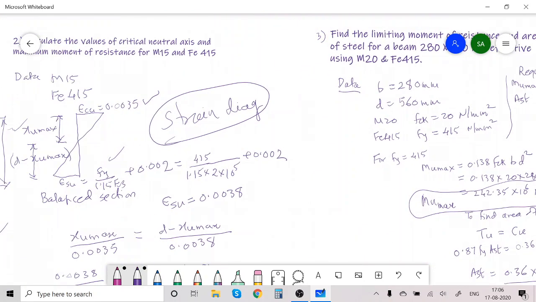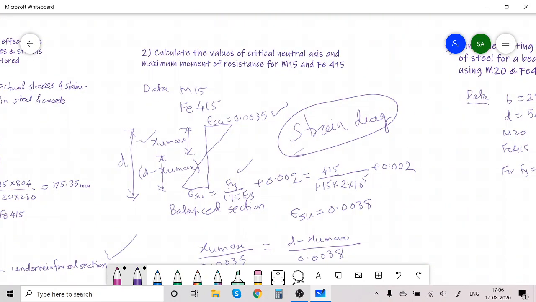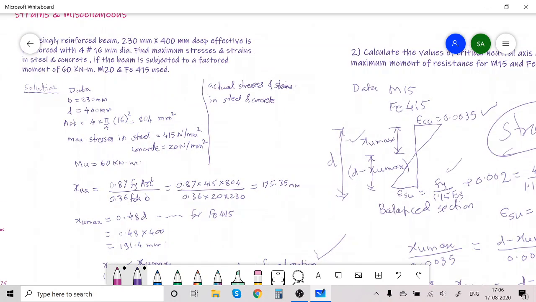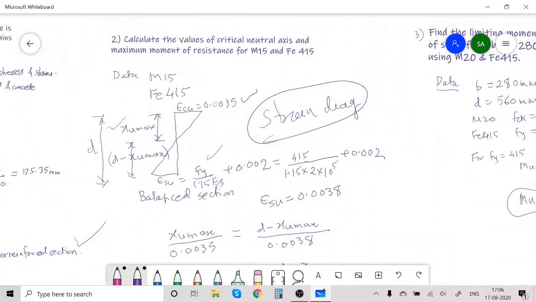So let me summarize. In the first problem, we studied how to find the actual stresses and strains in the beam with given Mu, size of the beam, area of steel and grade of steel and concrete.